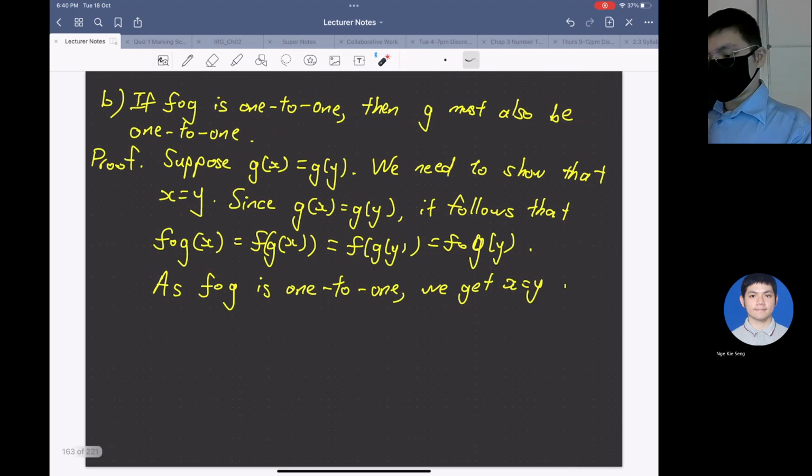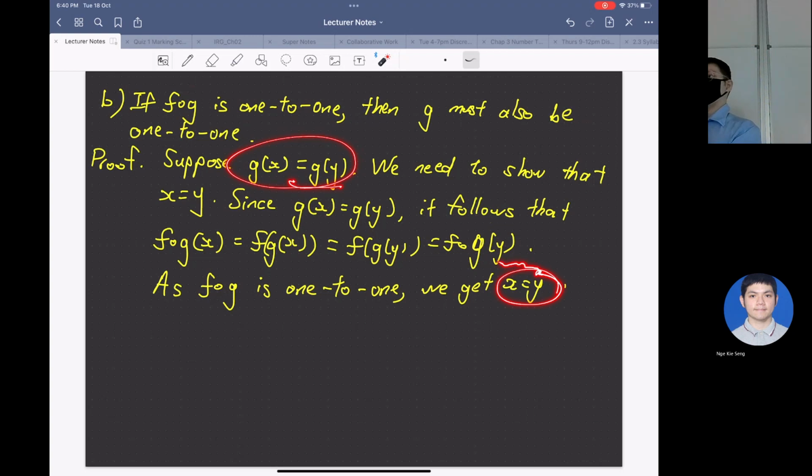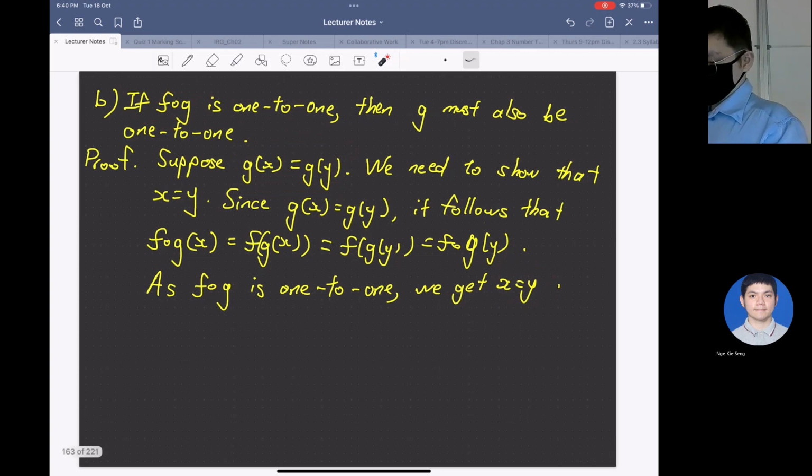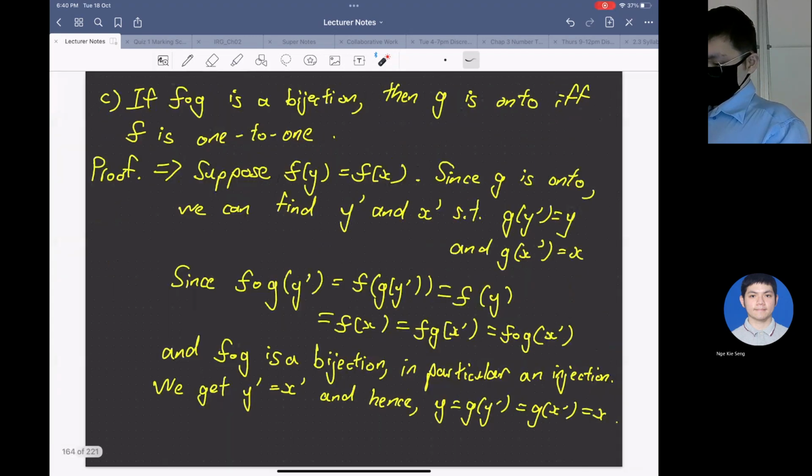The next is if f compose g is 1 to 1, then the function inside has to be 1 to 1. Okay, so I start with what I assume, and then I need to show that s is equal to t, by using that the composite is equal. Next is getting more involved.